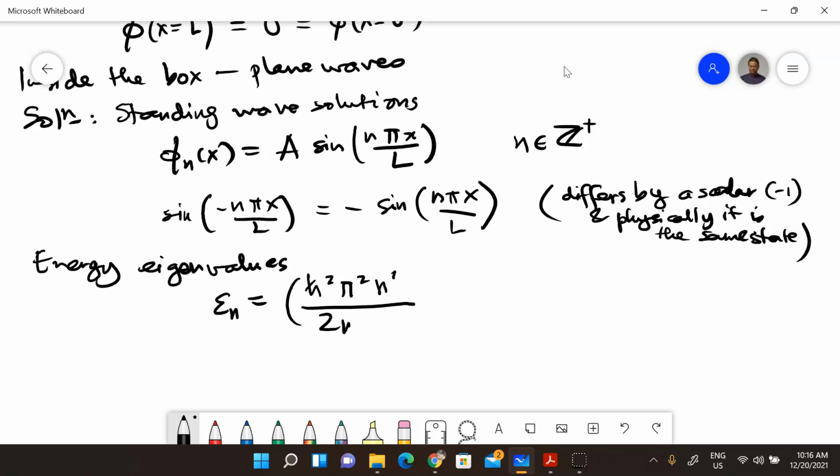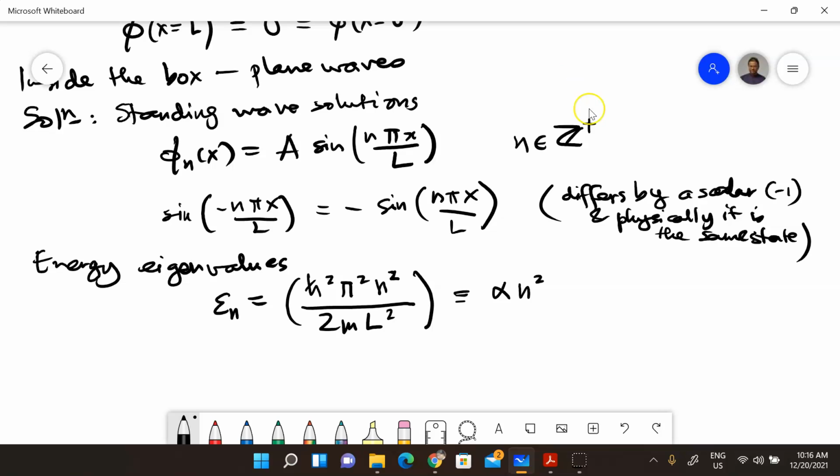I'm not going to do that, I'm just going to give it directly here. It depends on this quantum number n, which is squared. The rest are all just constants: h bar, pi, L, m are constants. So you can write this as alpha n squared.